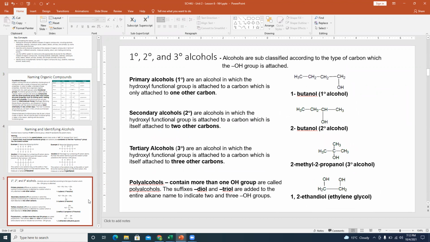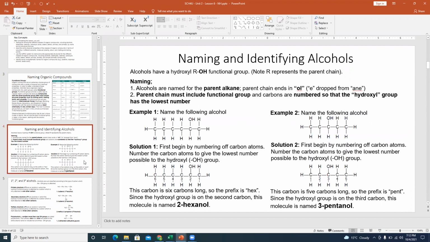We talked about primary, secondary, and tertiary alcohols, and we covered how to name them based on the parent alkane and replacing the ending with OL for the alcohol. I'm just using the remaining 45 minutes or so of the lesson to quickly go over this again. If anybody has any questions at this point, stop me and ask me them, and I can go over it again with you.